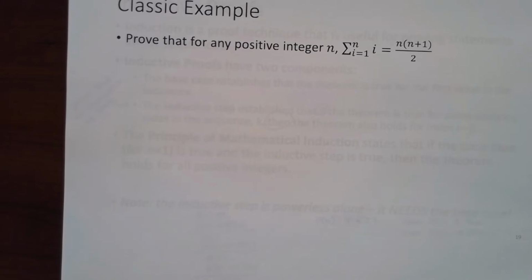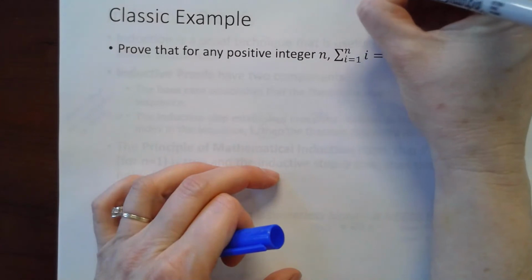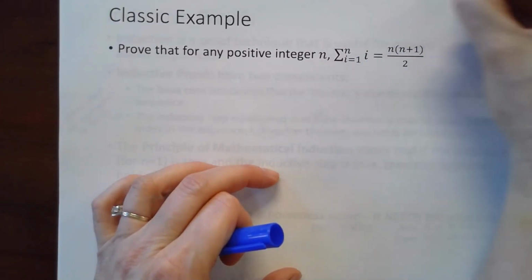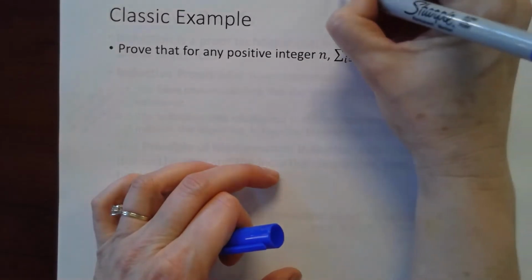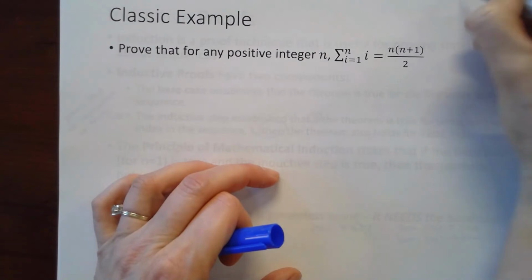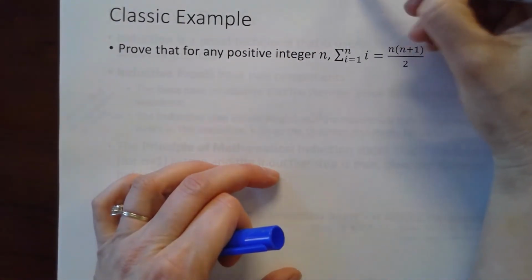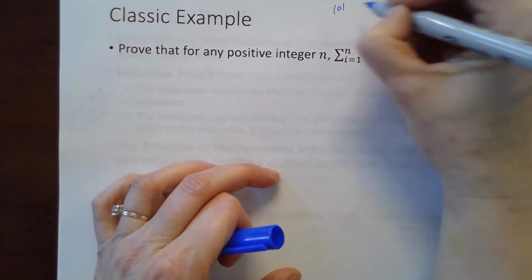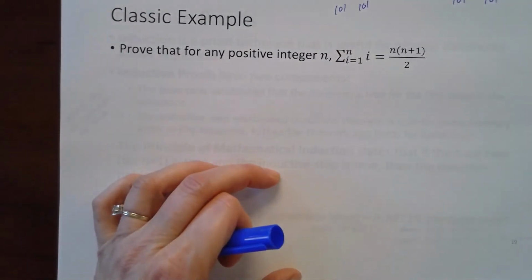Gauss explains how: if you do 1 plus 2 and go all the way up to 100, but then write them backwards, 100 plus 99, down to 2 plus 1, and look at each of these individual pairs, this is 101, this is 101, they're all 101.